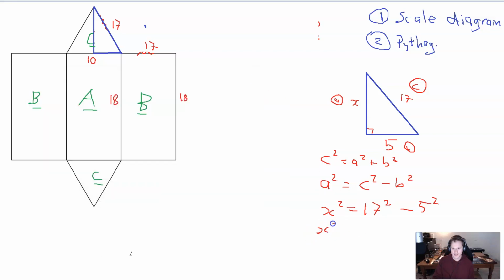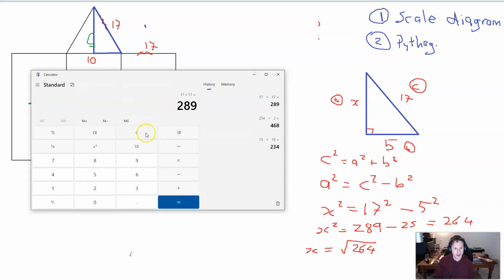So x squared is equal to 289, take away 25, which is just going to be 264. So x is then going to be equal to the square root of 264. Okay, so I'm going to have to do this one in my calculator.